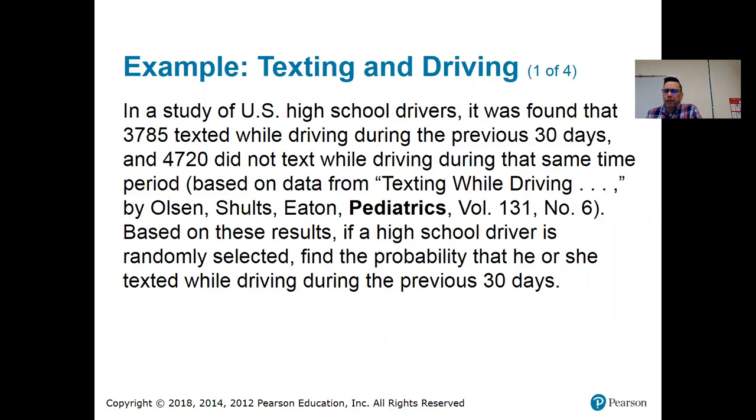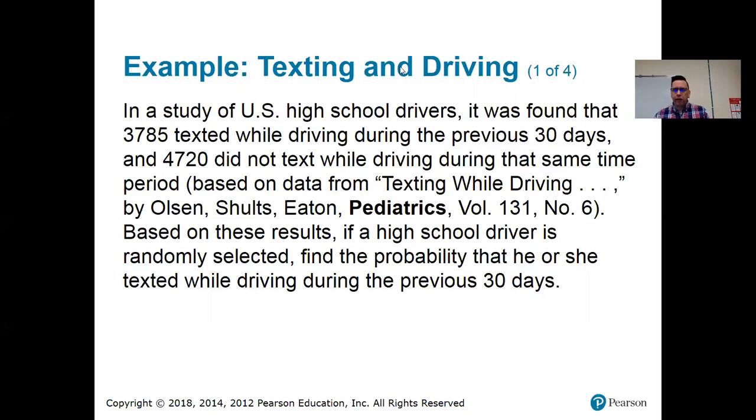So when you have equally likely outcomes, the classical approach just says the probability is the number of ways getting the outcome that you're looking for divided by the total possible number of outcomes. So really the only thing you have to do in this problem is figure out how many people there were total in the study.